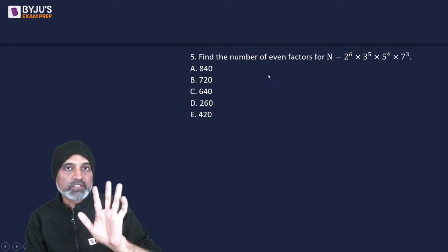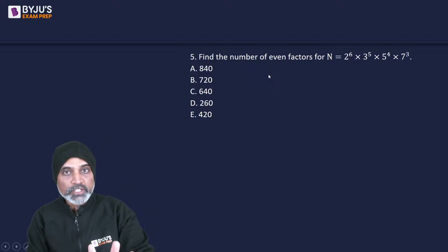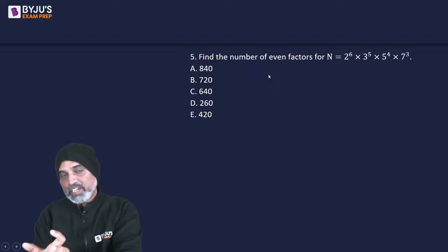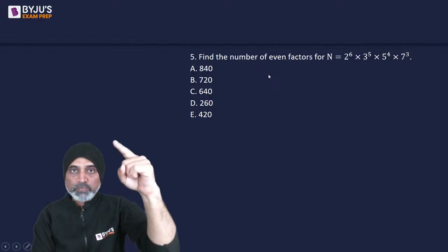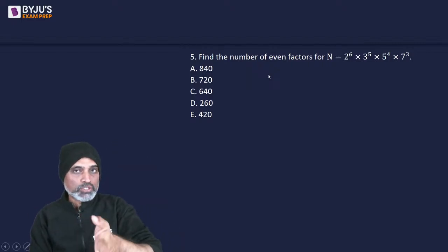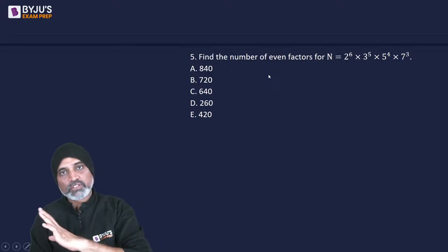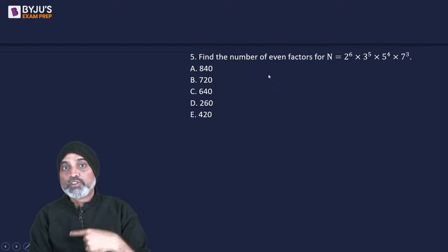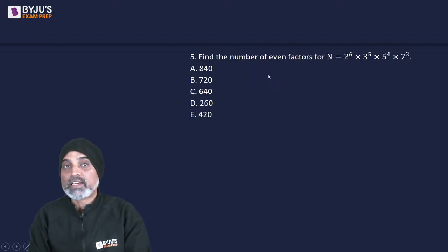We are only discussing if there is a formula involved, right? So you need to see, it's not about solving it and getting the answer, it's about the process. So if you're looking at this question, let's say, find the number of even factors of a number. If you know the process, you will be able to calculate it. And if you don't know the process, that's where I come in.